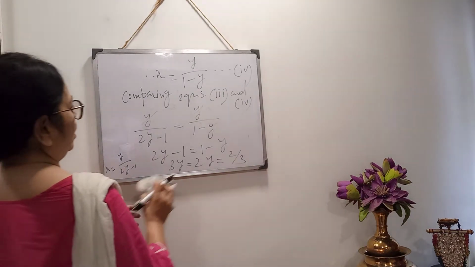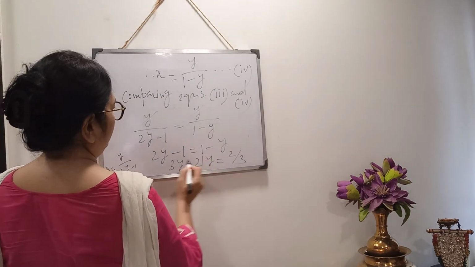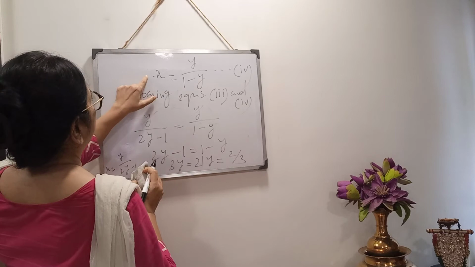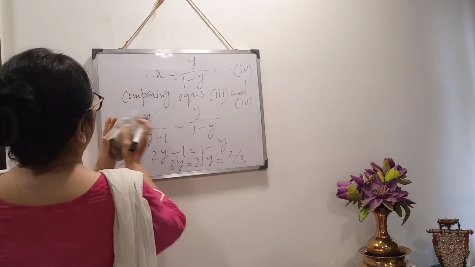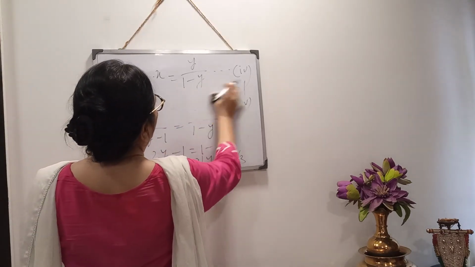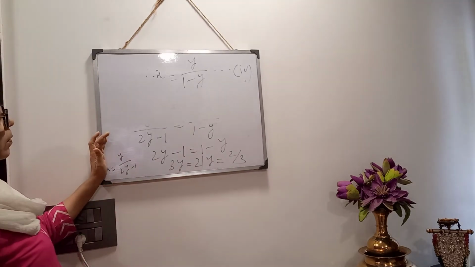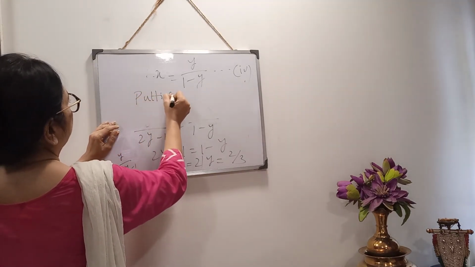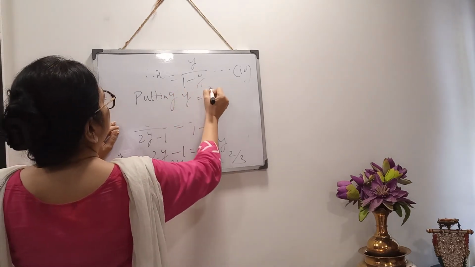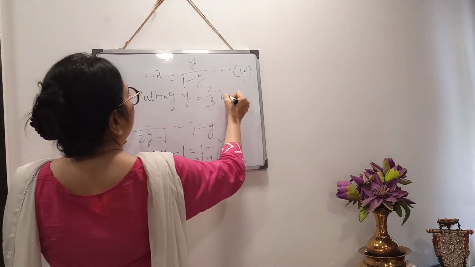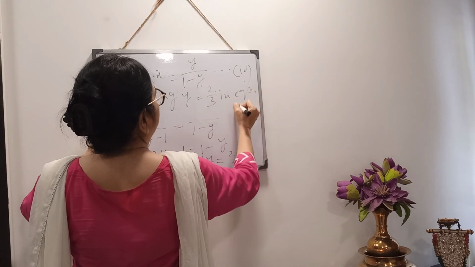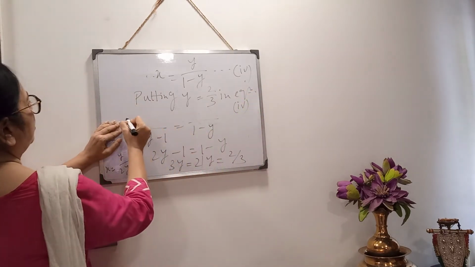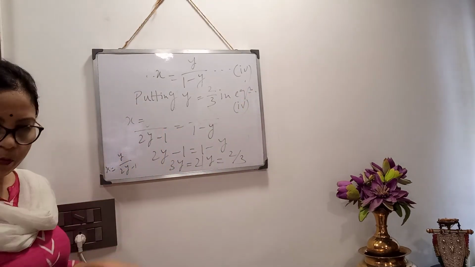Okay. Now we'll put this value in equation 4. Putting y equals 2 by 3 in equation 4, x equals y by (1 minus y).